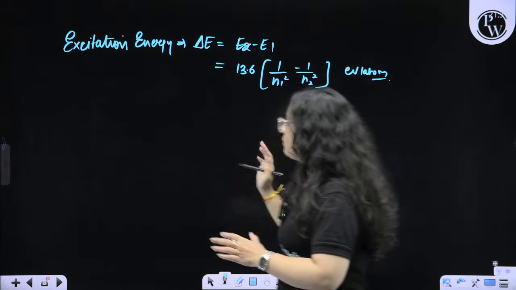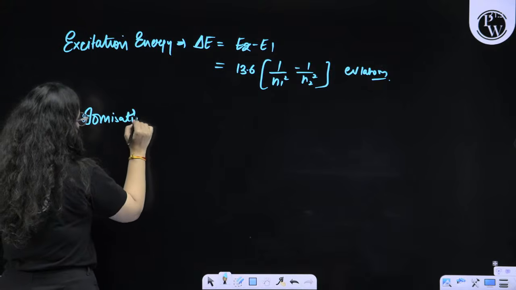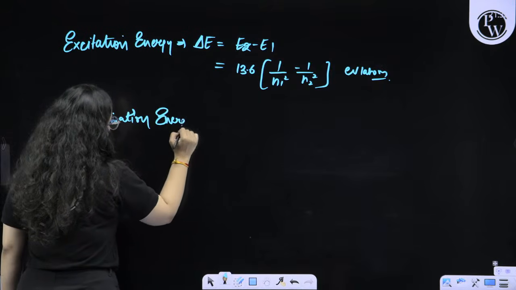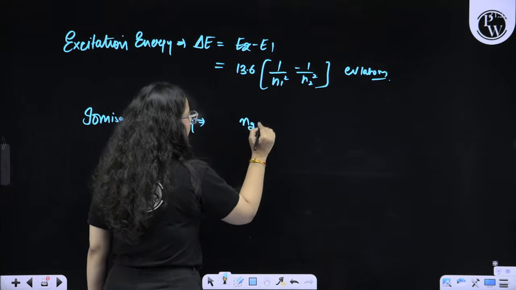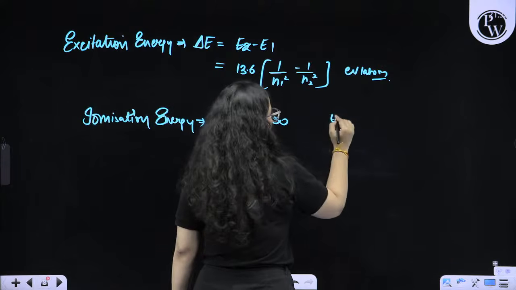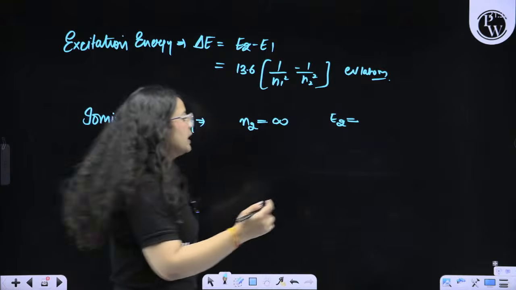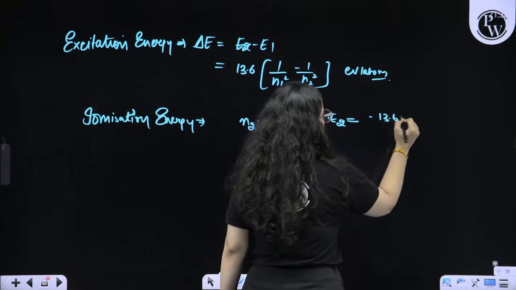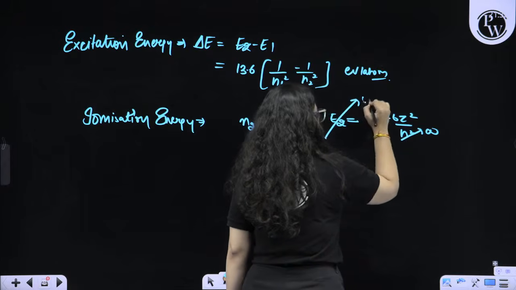If I ask you about the ionization energy, basically here we have the second level, N2, to be infinite. So accordingly, how much will E2 be? From the formula I know, 13.6 z square by n square, and if n is infinite, this value will come out to be 0.